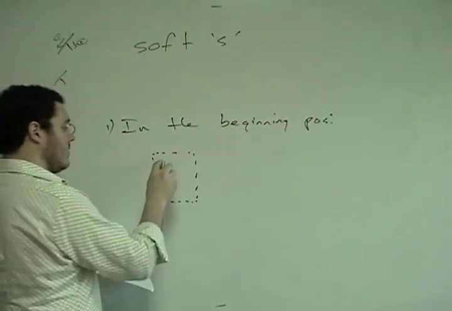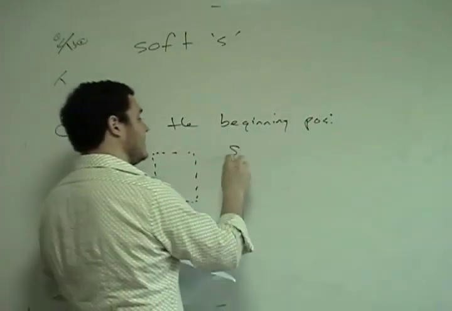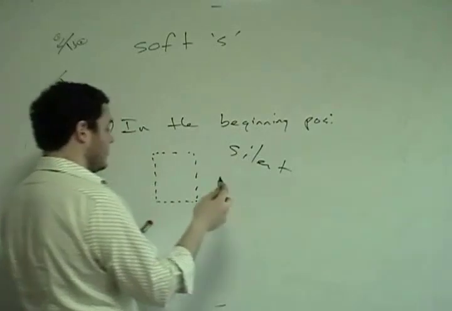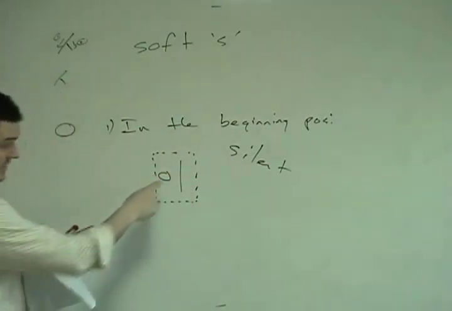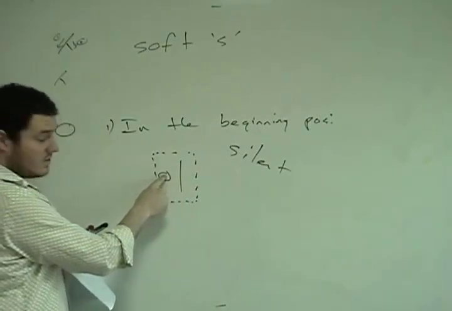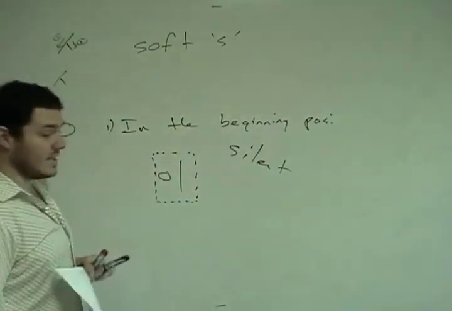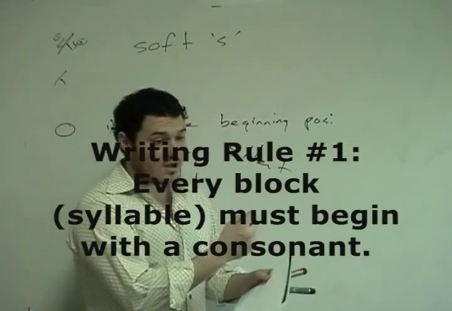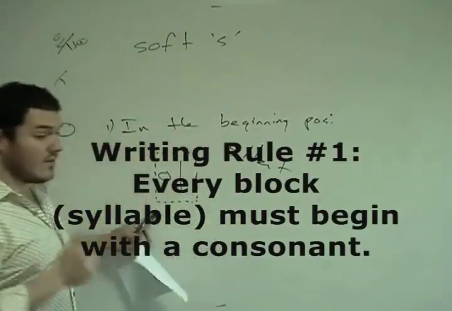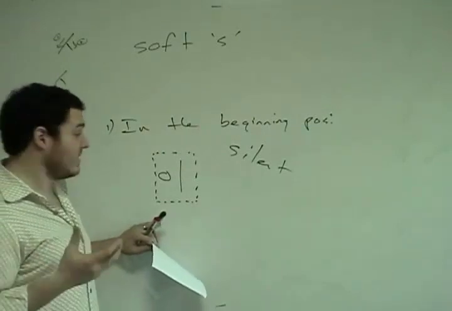It will be silent. So in our example before, we had this and then this. This is the E sound. This is first. It is silent. The writing rule says for every block, you have to have a consonant first. That's our first writing rule.